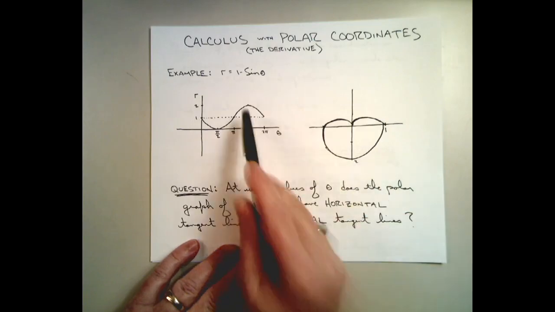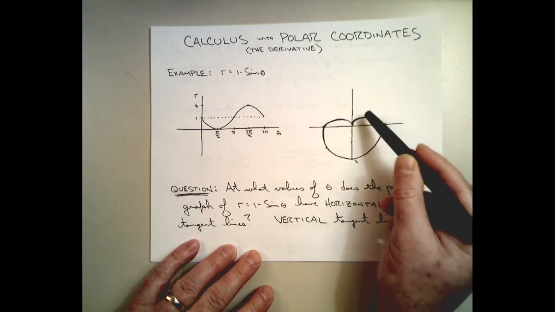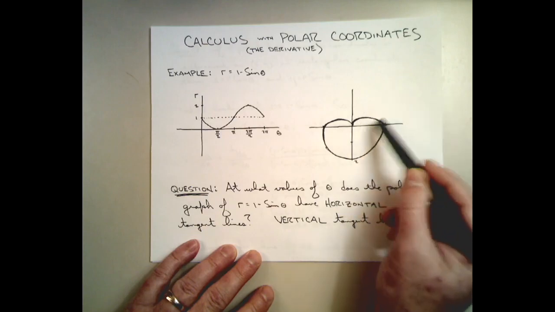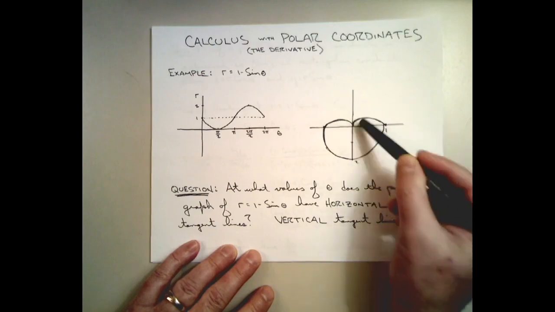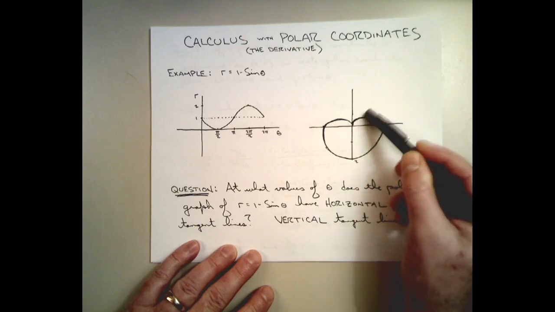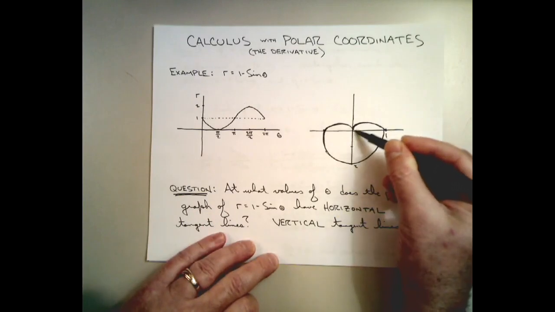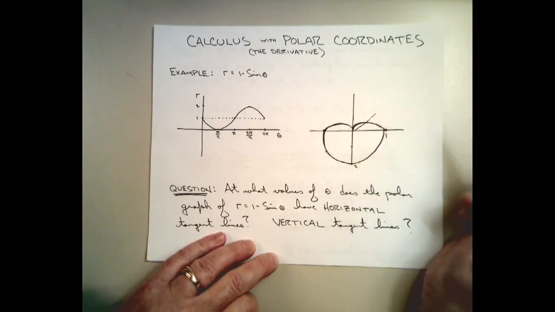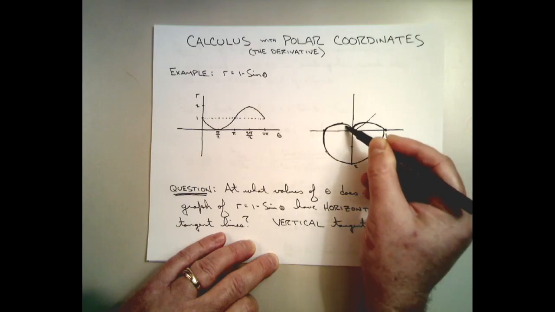That was at 3π/2. Looks like we have horizontal tangent lines somewhere between 0 and π/2. The way I've drawn it, it looks like it's right about here. So whatever this θ line would be right here, perhaps, and the corresponding point over there, it looks like it's horizontal tangent maybe about at that point, so whatever that θ value is.